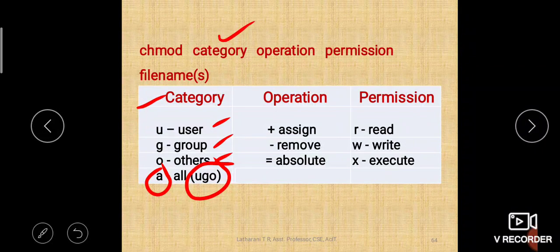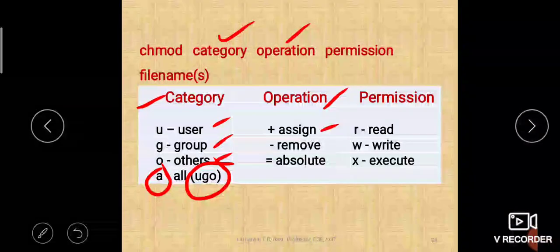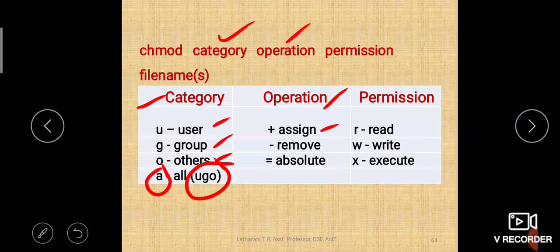Then the operation. Plus for assigning the permission, minus for removing the permission, and equal to is absolute permission. Then permissions, what permissions can you give?